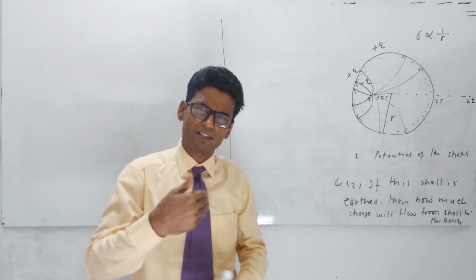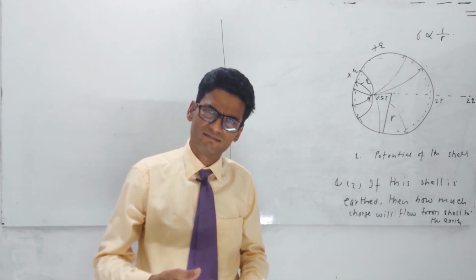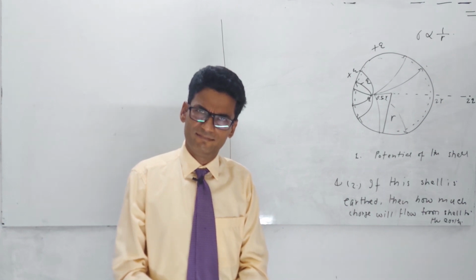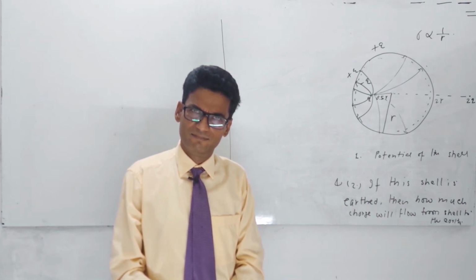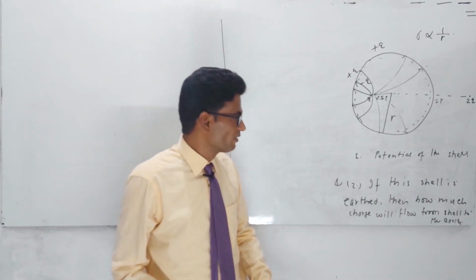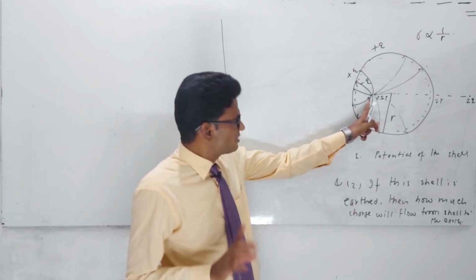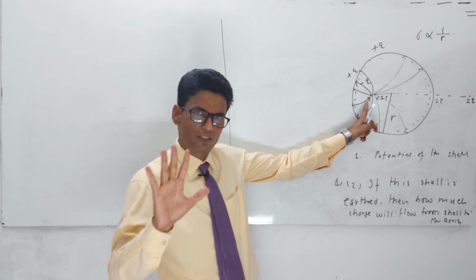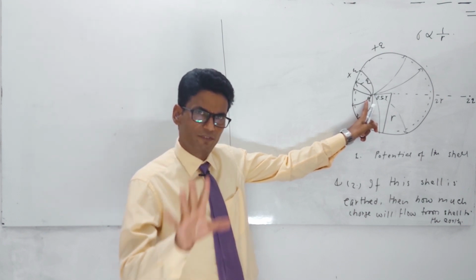But we have to find the potential of the shell at any point on the surface. Now, we ignore this charge because its field will not contribute anything to find the potential of the shell.